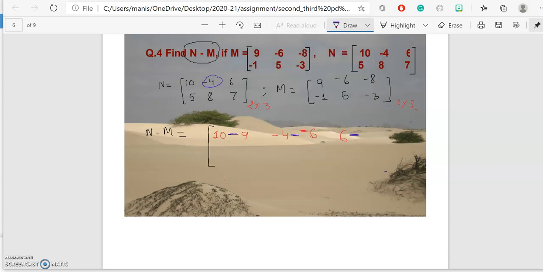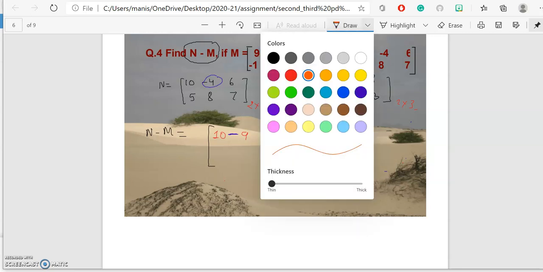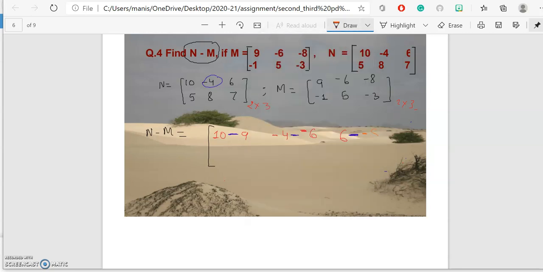Do not make this mistake because many people make this mistake, and negative 8. So then I will take negative 8. Okay, next one is over here. Let me make it a little bit dark so people can see clearly. Negative 8.